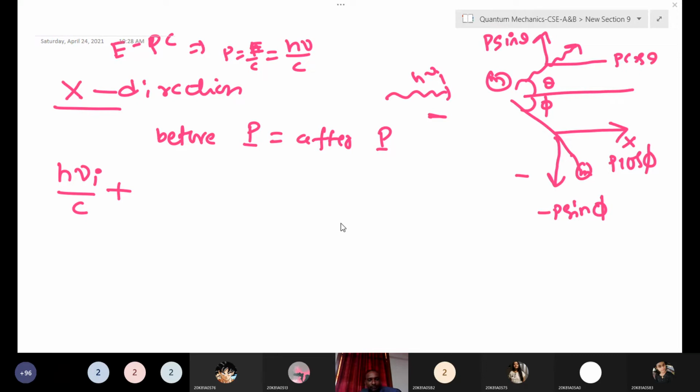Vishwanath, are you there? What is his roll number? Don't know? If anybody knows or doesn't know, at least tell me what assumptions he took.